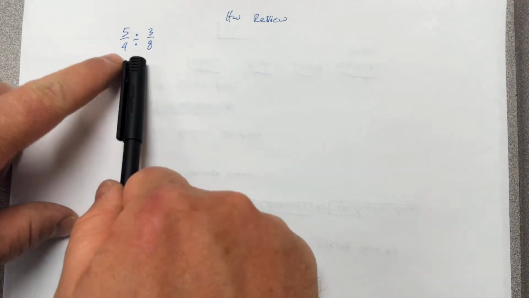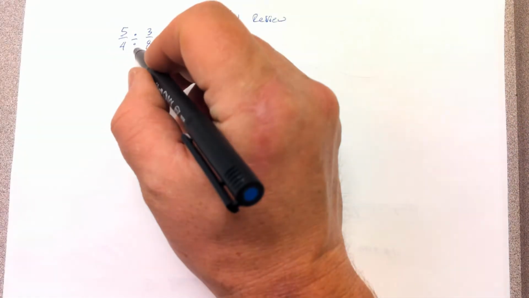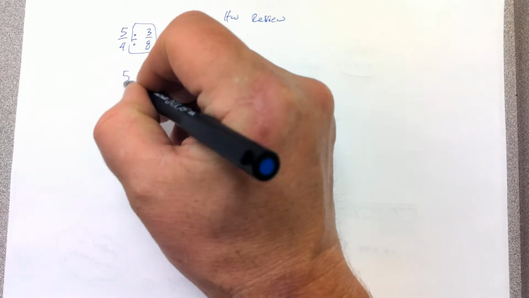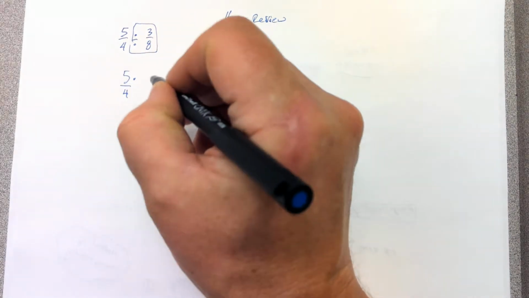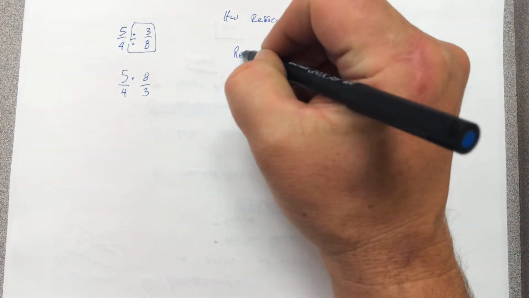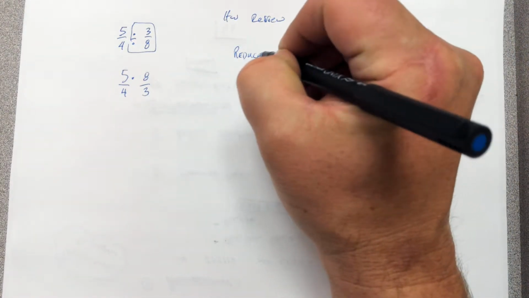Now, this is division, right? And the way you divide is you multiply by the reciprocal of the second one. You're dividing by 3/8. So this is really going to be 5/4 times 8/3. Yes, Marlene? So we're going to tie this into what we're going to learn to do today. And that is, we are going to learn how to reduce.